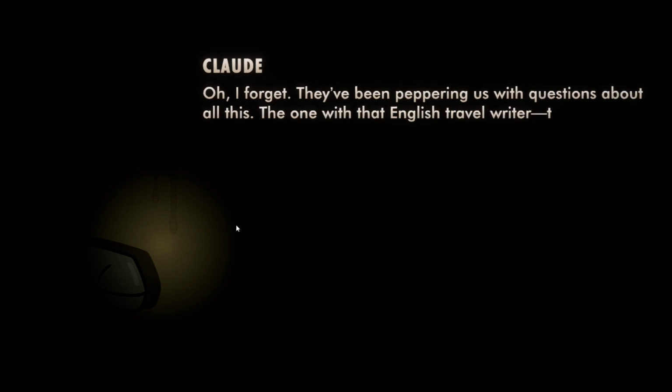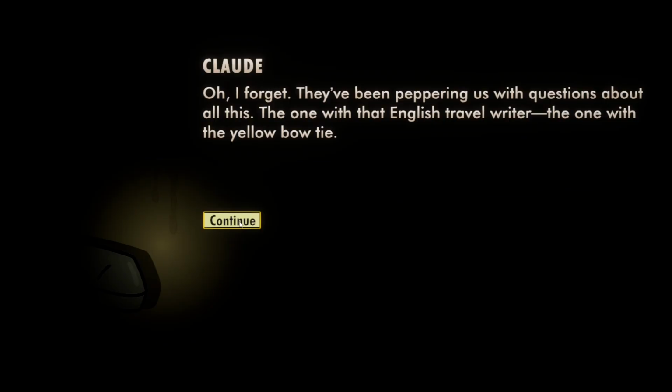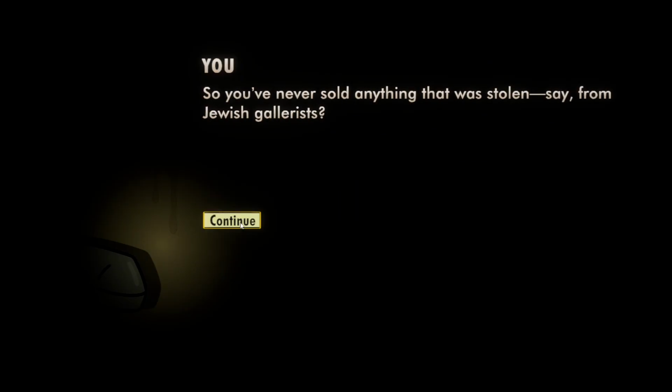The one with that English travel writer. The one with the yellow bow tie. Why are they doing that? I don't know. This is a very reputable gallery. So you've never sold anything that was stolen, say from Jewish gallerist? Absolutely not. What are you implying? Nothing. My apologies.